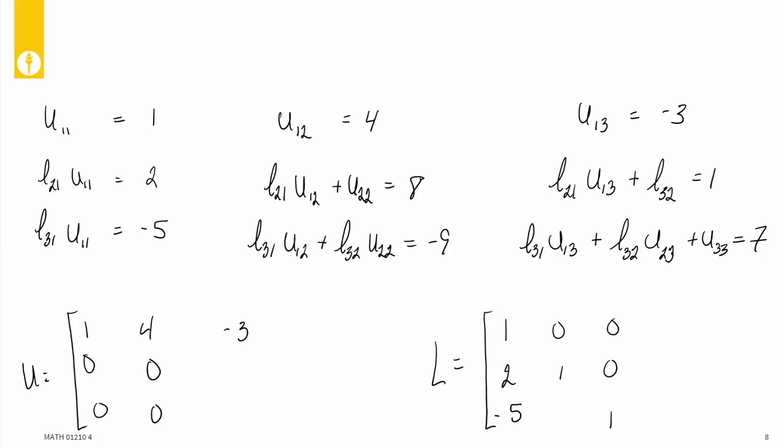Now, that's how you got this stuff. So L21 is 2, U12 is 4, which is 8. 8 plus 0 is 8, right? That would have to be 0.